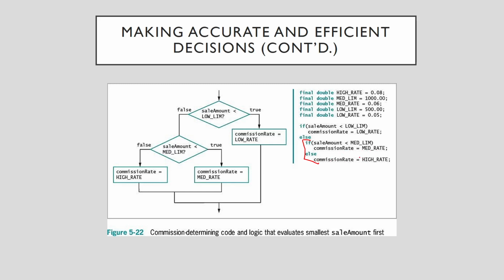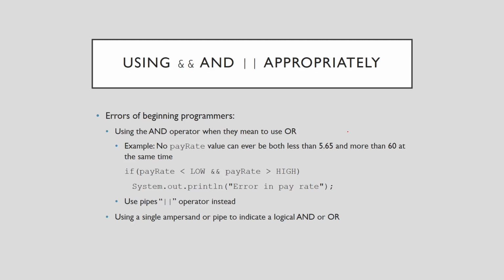So that's the matter of evaluating and deciding which statement will be evaluated as true first. That will be put as the first if statement Boolean expression. And of course, apply the logical and and logical or operators appropriately.